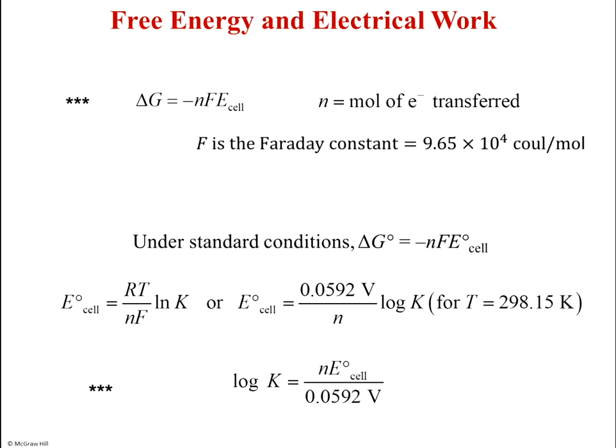So we see that a mole is a much larger amount than a coulomb is. It takes nearly 100,000 coulombs to make 1 mole. Therefore, if we want to figure out energy from our electrochemical cell voltage, we need to multiply by minus, because minus converts from our potential space into our energy space, n, our moles of electrons, times F, which is our Faraday's constant, times the cell voltage that we've measured.